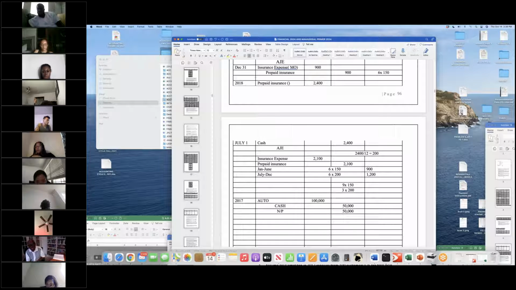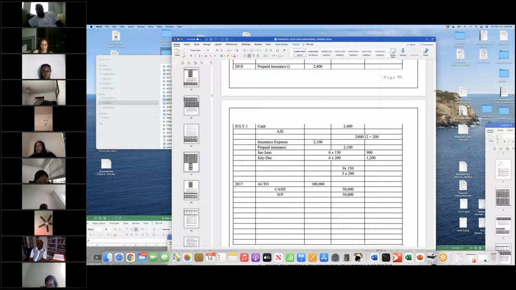So you just put, and then you go extend out in total to get what the prepaid insurance amount is. So not a difficult calculation.